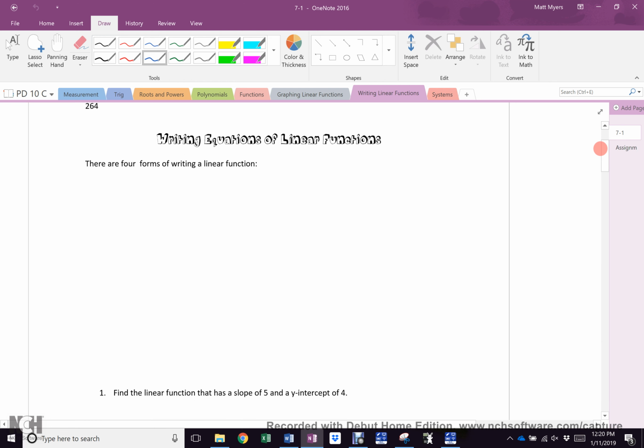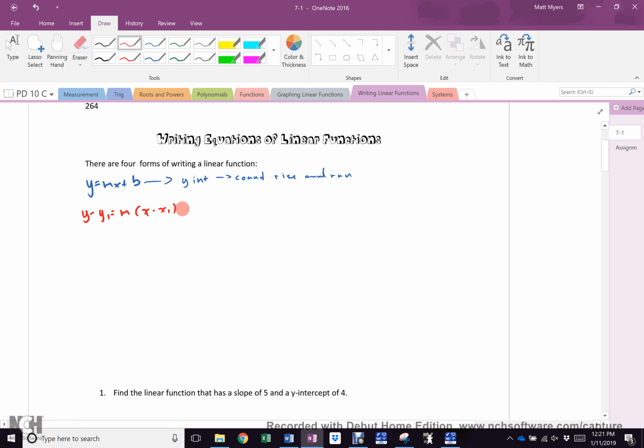What are the 4 forms that we have? y = mx + b, which is slope-intercept form, which tells us some stuff just from looking at it, yes? Then we have y - y1 = m(x - x1), and that tells us some stuff just by looking at it, right? Both of these will give us stuff we need so we can graph them immediately, right? This guy gives you the y-intercept from which to start, and then you count your slope. Count, rise, and run.